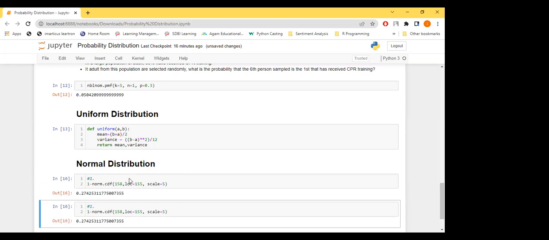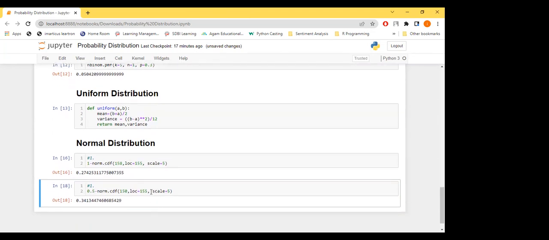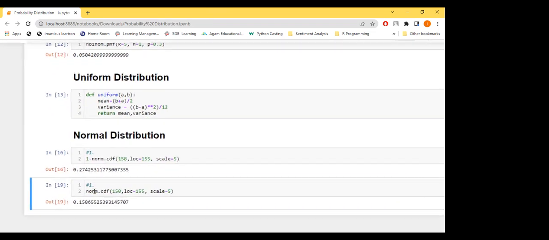Second one is for 150. How much is it for the second one, guys? Point 158.